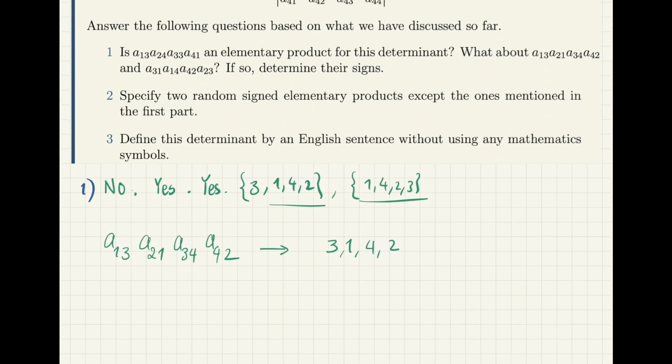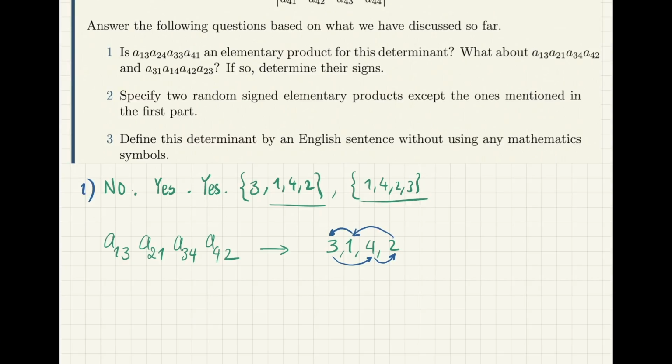For example, you can use the algorithm that I talked about. So 1 goes to its natural position 3, 3 goes to its natural position 4, and then 4 has to go to its natural position 2, and then finally 2 goes to its natural position 1.